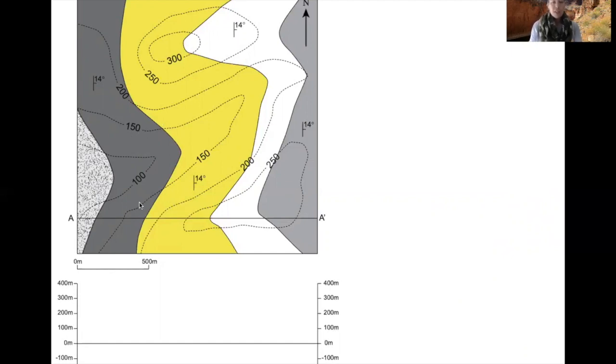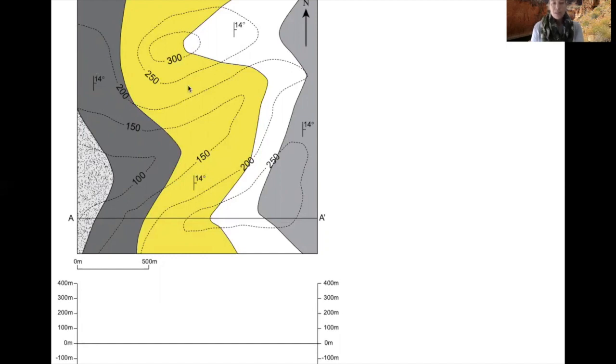We have also on here 5 distinct rock units: speckled, dark gray, yellow, white, and medium gray. We have a line marked A to A prime, A apostrophe we refer to as A prime. We have a north arrow, and we've got all of these little strike and dip symbols.